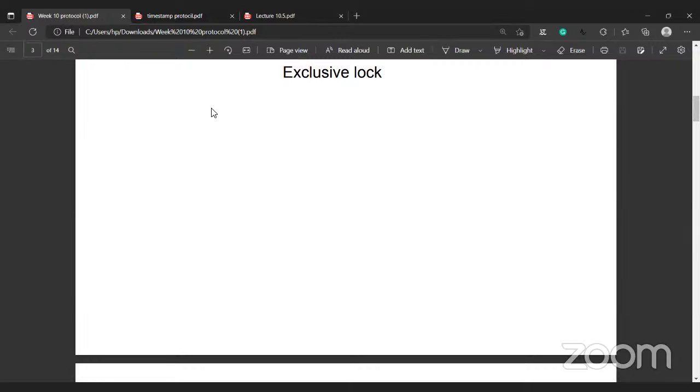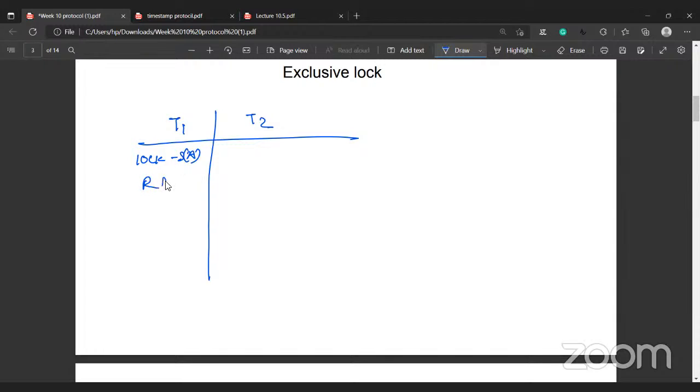Now T1 and T2. Suppose a shared lock is applied, then read A, then shared lock B, sorry.